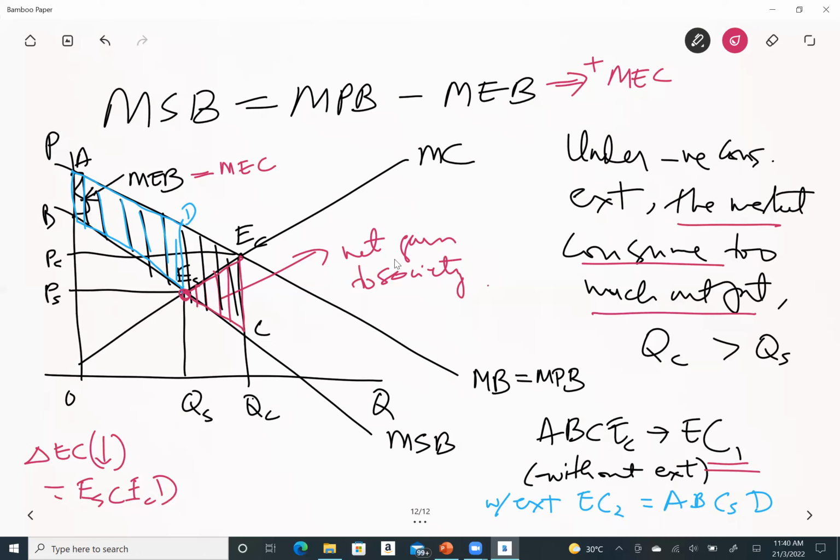So the third party will benefit from the transaction. So let us do the positive production externality.